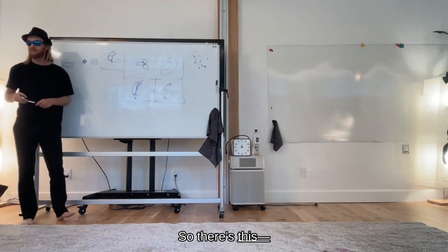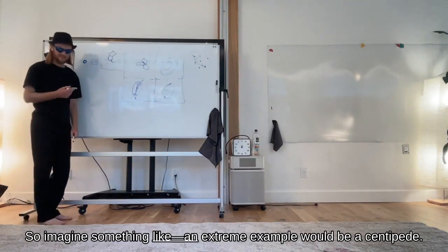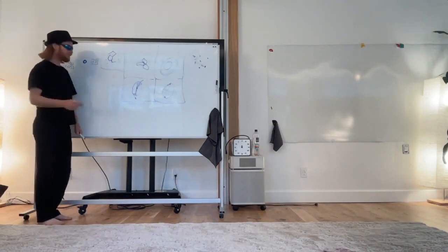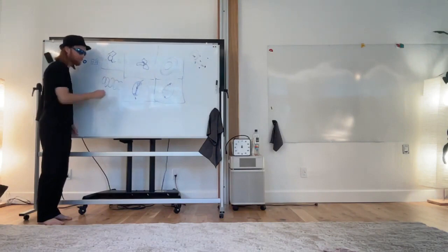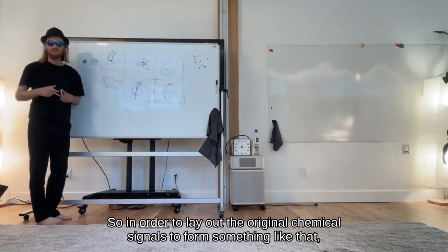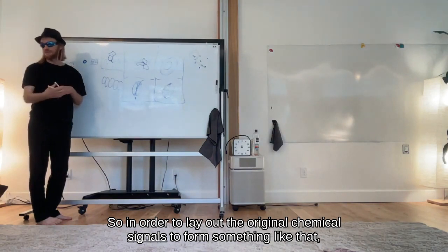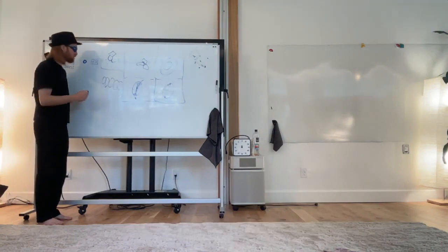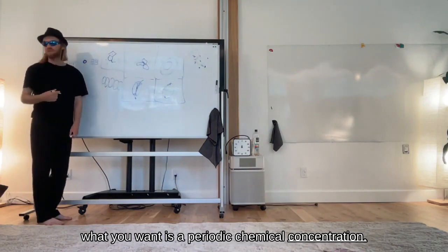So imagine something like an extreme example would be a centipede, right? You've got these body segments one after another. So in order to lay out the original chemical signals to form something like that, what you want is a periodic chemical concentration.